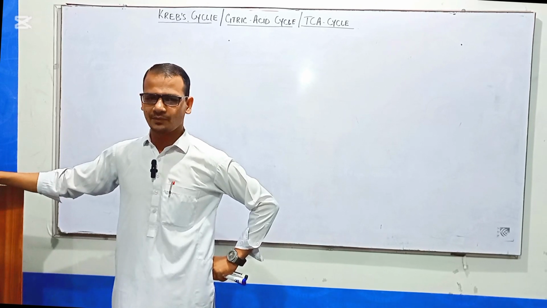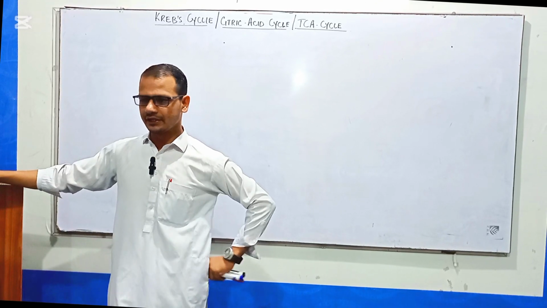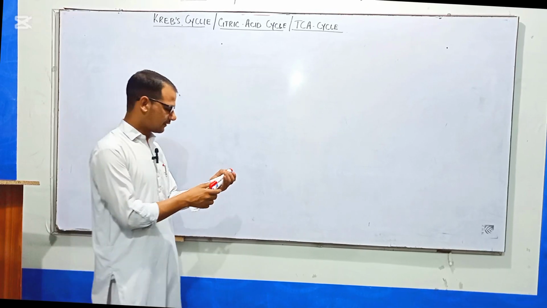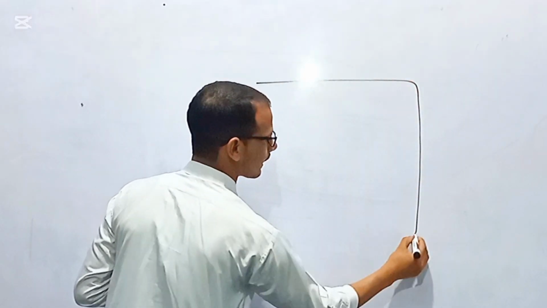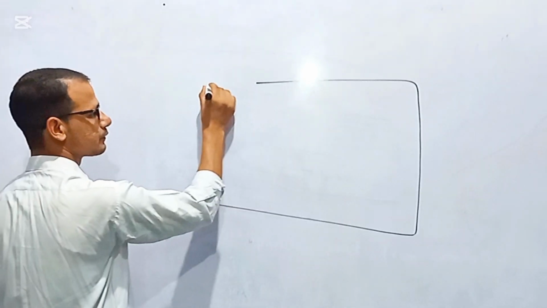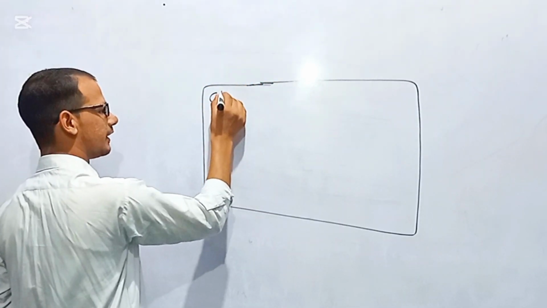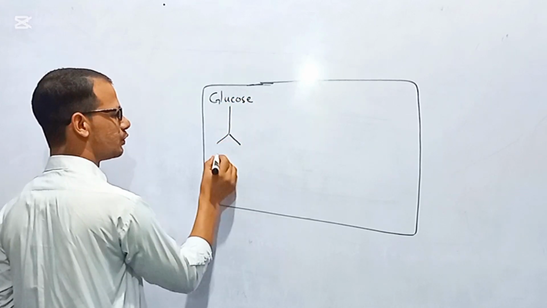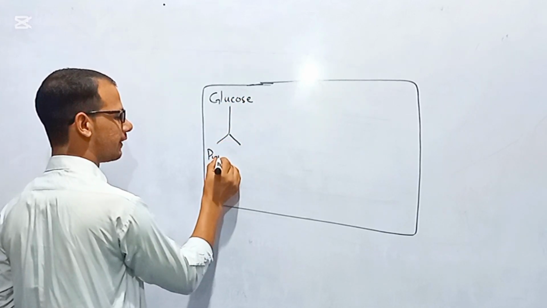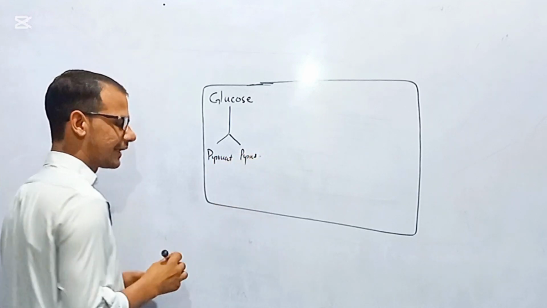What is the location of the Krebs cycle? Where does the Krebs cycle take place? Mitochondria, the matrix of mitochondria, right? So for example, I have a cell, and we have discussed in detail that in the cytoplasm glucose will convert into 2, 3-carbon compounds which are called pyruvates, right?